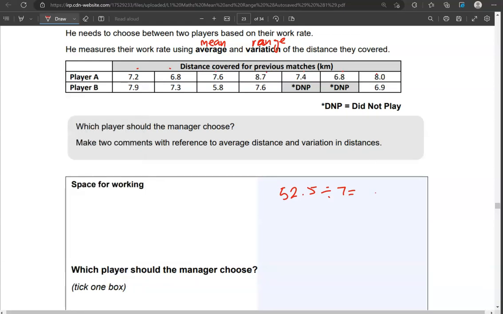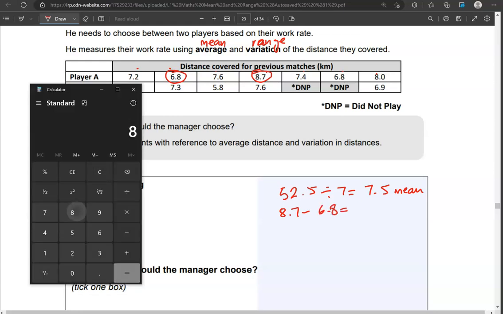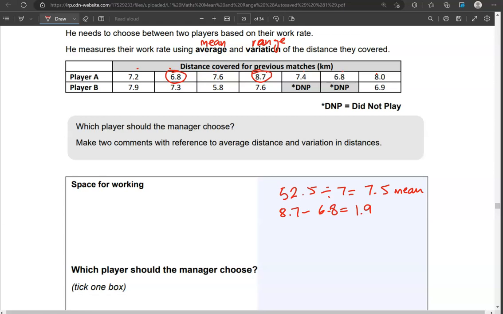That gives us 7.5, the mean for player A. And the range for this player we can work out by doing 8.7 take away 6.8, which is 1.9.